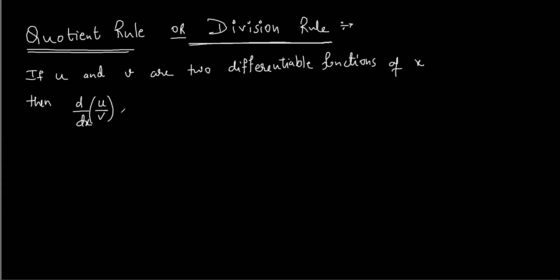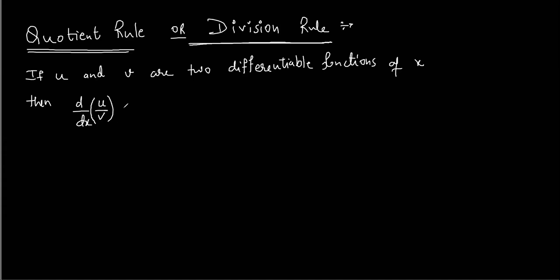Students, d by dx of u upon v, what does that mean? I am differentiating the division of function u by v with respect to x.